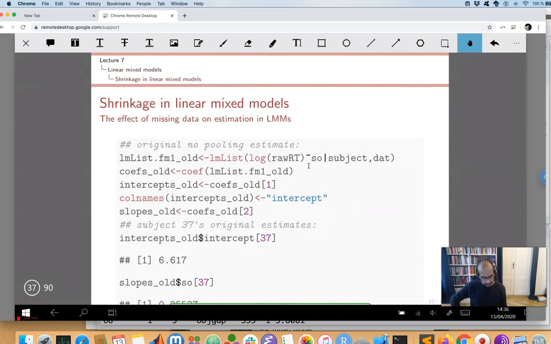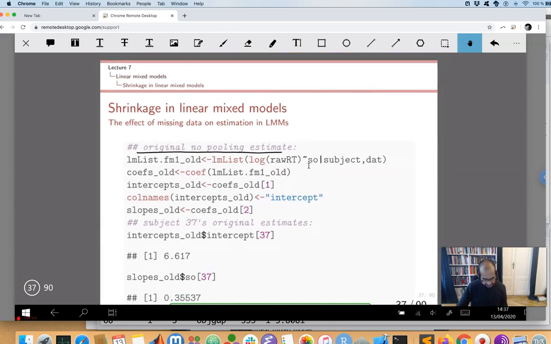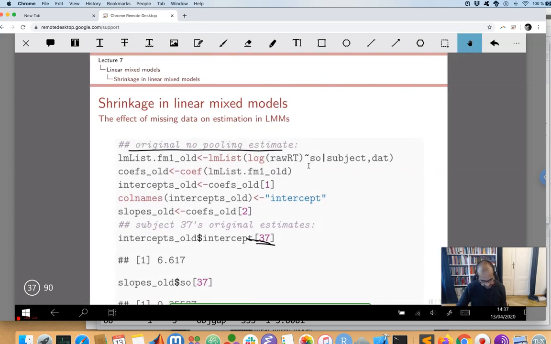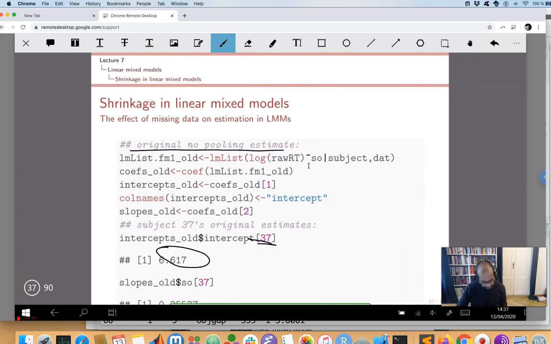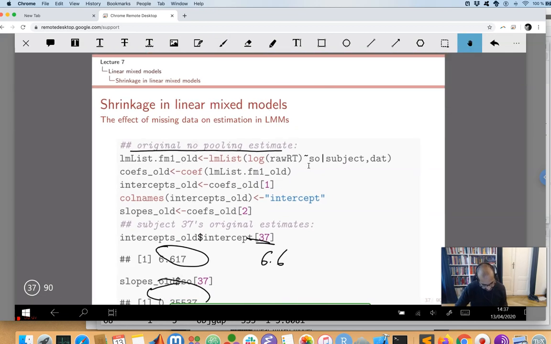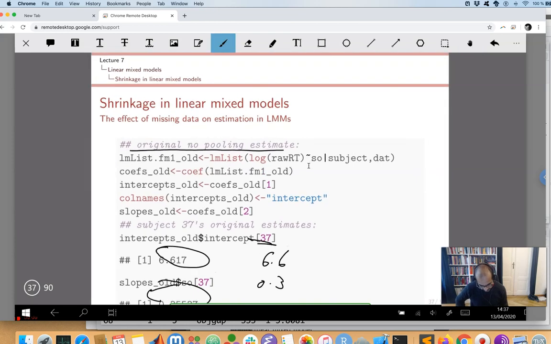And so now if you look at the original estimate from the model where I'm fitting a separate model for each subject, and I extract the intercept and slope for subject 37, you'll see that the intercept is 6.6 with the full data set, and the slope is 0.35.